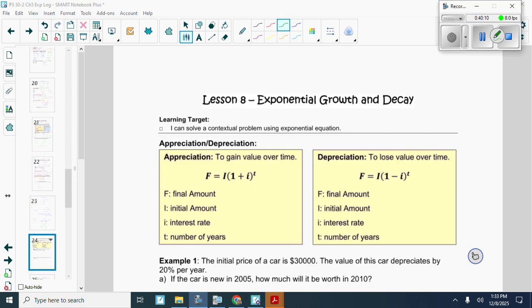So what we're going to notice is some of the languaging is similar. When we talk about exponential growth and decay, it's a lot simpler than the finance, because we're not having to compound on different things. So the formula you'll see is similar.